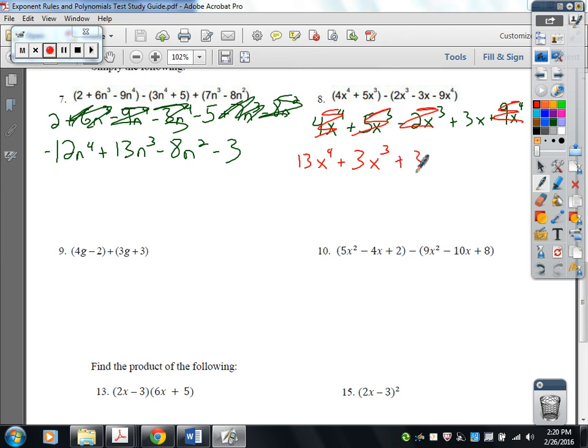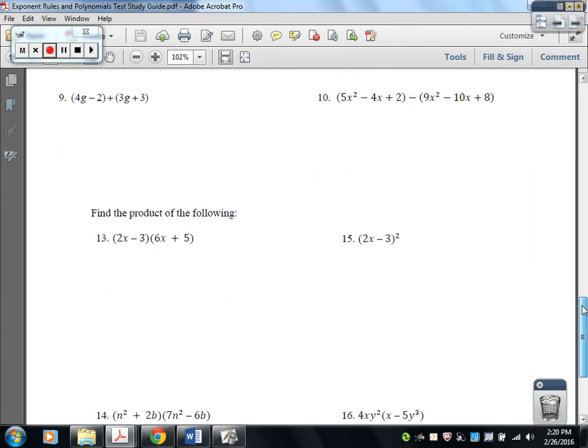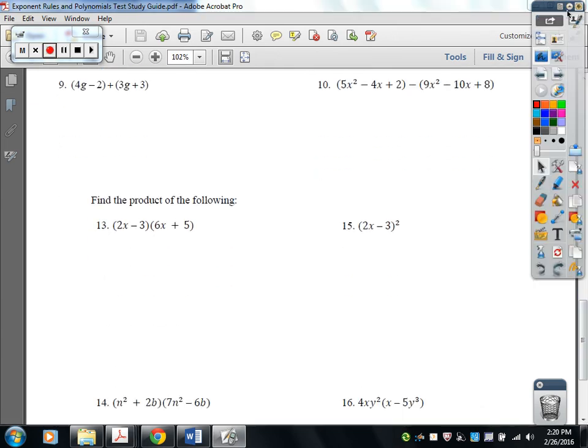And then just plus 3x. Alright. So this is just going to be 4g minus 2 plus 3g plus 3. 4g plus 3g is 7g. Negative 2 plus 3 is positive 1.